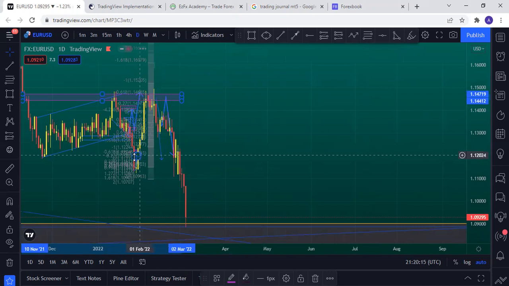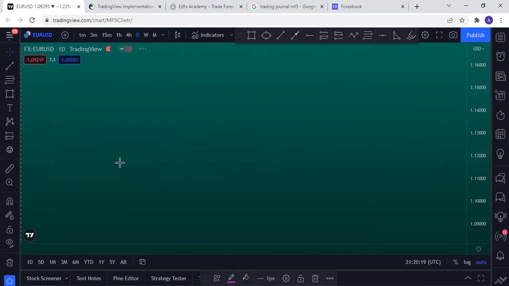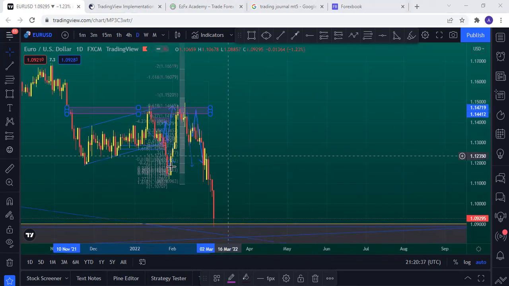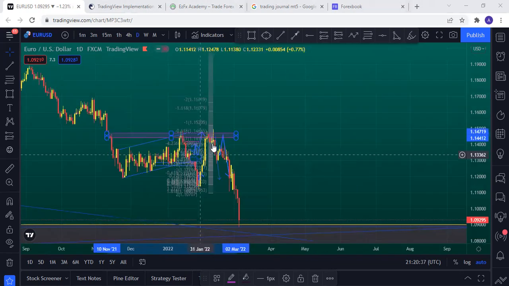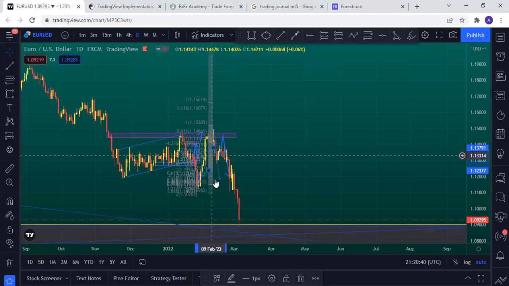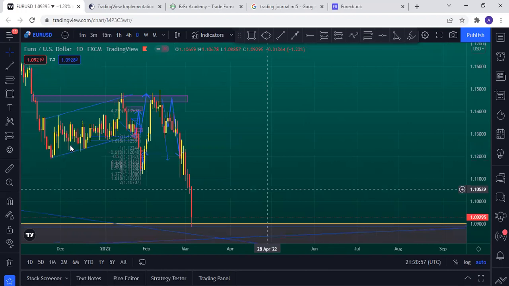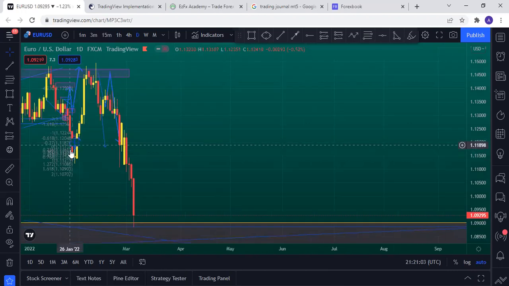If you have a demo account, or an account that you can take good risks on, I think this Euro USD trade is something that I can give as a trade advisory. All right, so that's Euro USD.